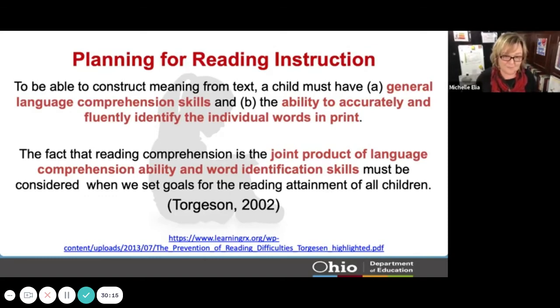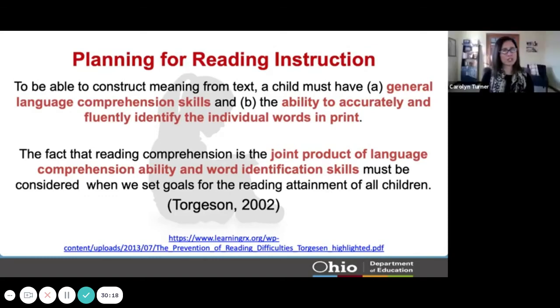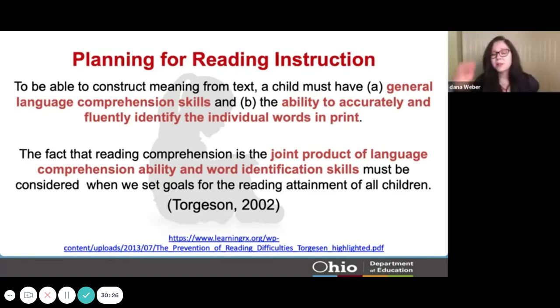So there's a question about translanguaging. The role of translanguaging? Yeah, absolutely. Translanguaging is great. That builds comprehension. That's when we're using their native language to build understanding, and that is a great tool to use.